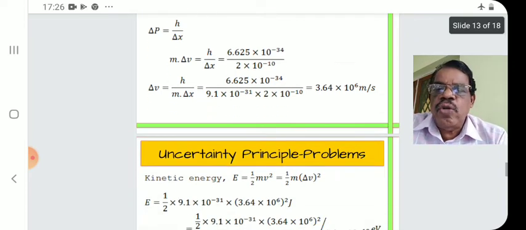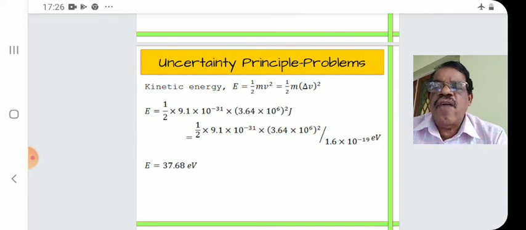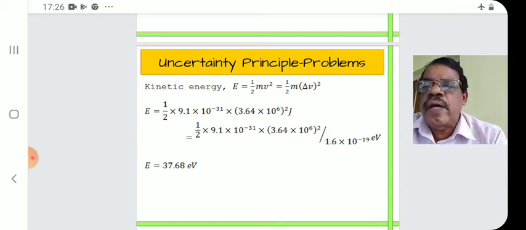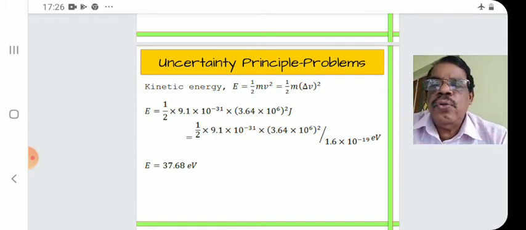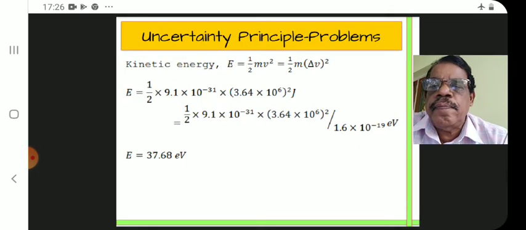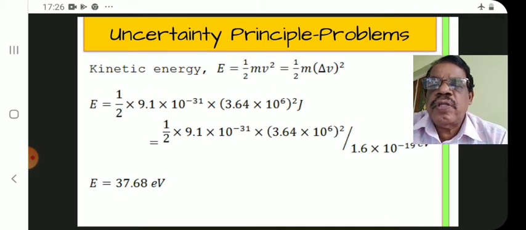And now we calculate energy. E is half m v square, equal to half m into delta v square. E is equal to half into 9.1 into 10 raised to minus 31 into 3.64 into 10 raised to 6 square joule.